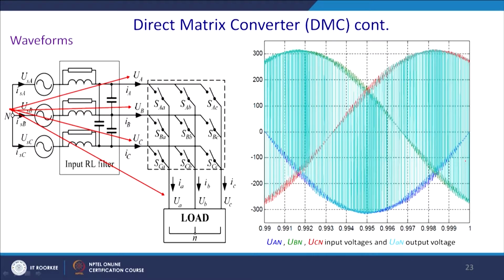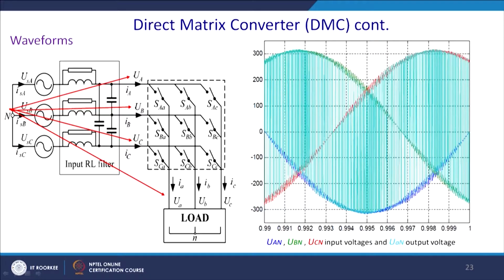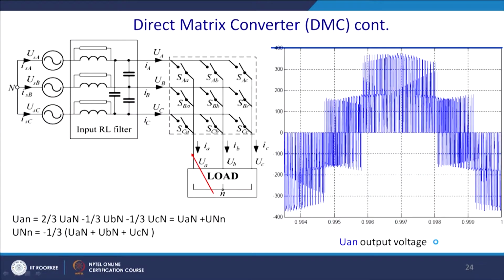And since it has very high frequency harmonics, they will be naturally eliminated with the help of a low pass filter, and the low pass filter will also have a high cutoff frequency and thus will not be bulky. So, this is the UA, this is UB, this is UC, shown in different colors, and ultimately you get the envelope of UAN.